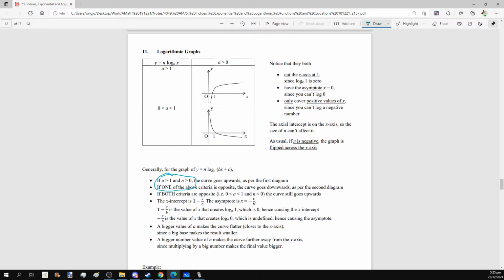The coefficient is positive and the base itself is greater than 1. Now, if the coefficient is negative, it's quite simple, right? I will simply go downwards because I will be reflected. But what happens if the base of the logarithm itself is less than 1? The answer is it will actually have the same effect, and we will flip to go downwards.